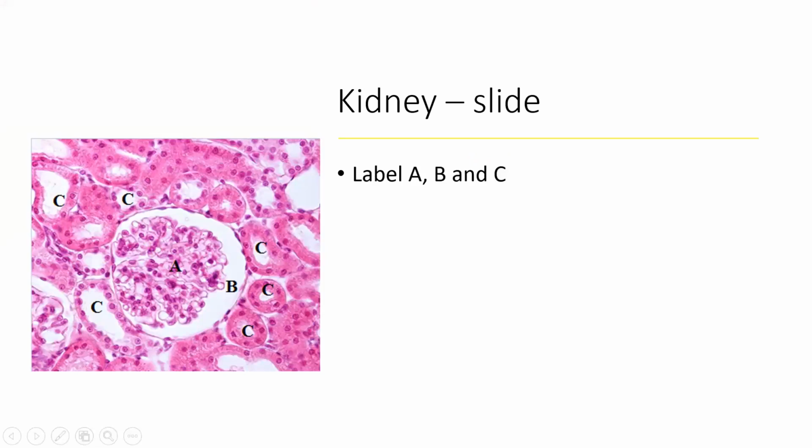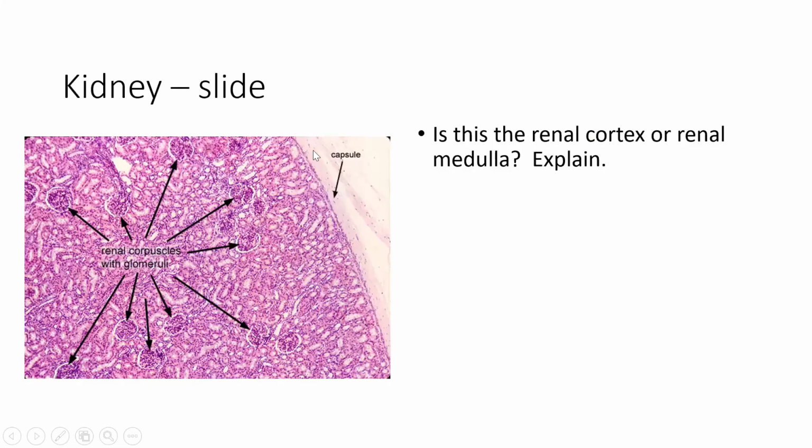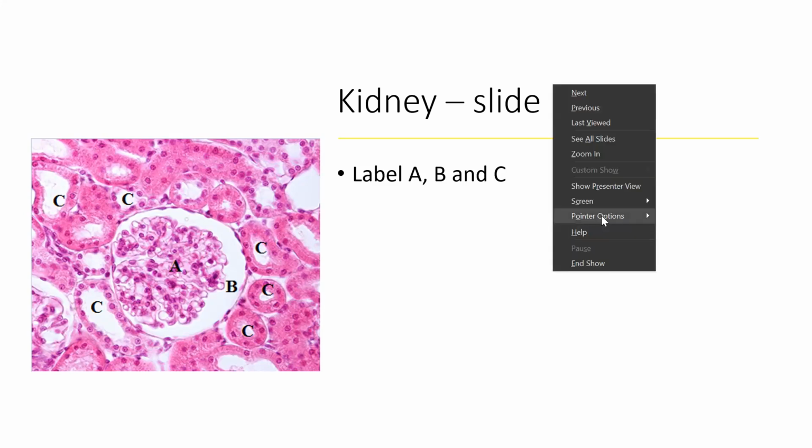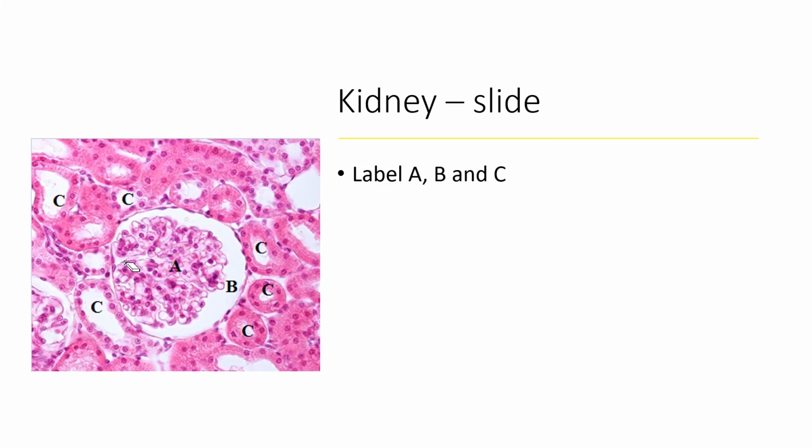This is a kidney slide. Does anyone know what this is? What we're looking at here? This structure here, A. Is it a glomerulus? That is the glomerulus. Very good.